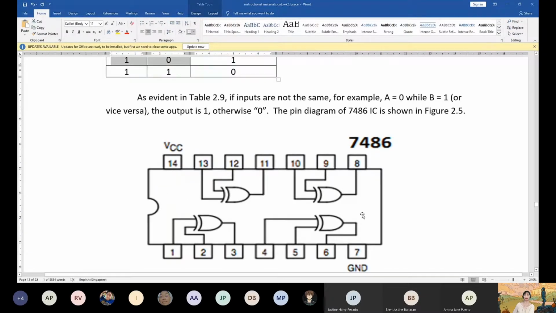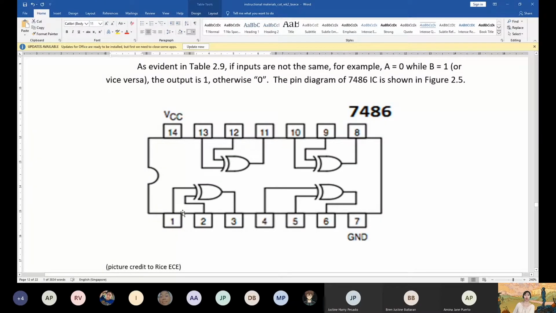Okay, this is the pin diagram for 7486. You have fairly the same diagram as 7400, 7408, and 7432.